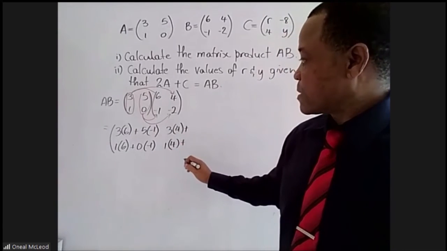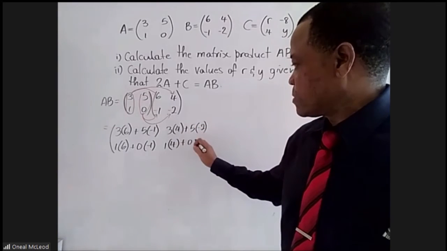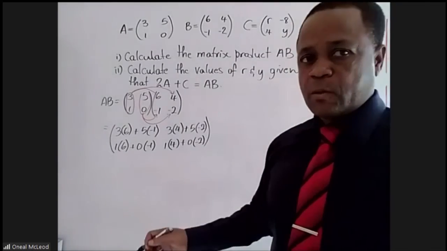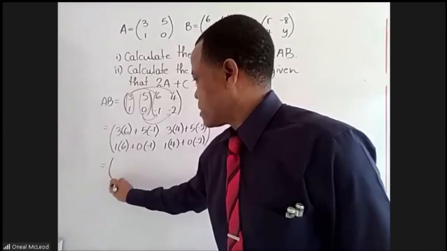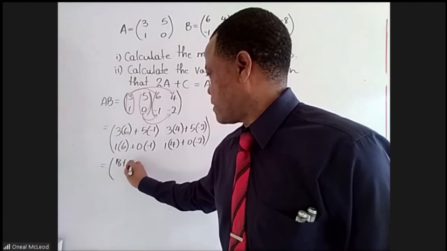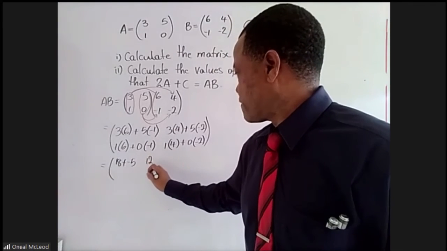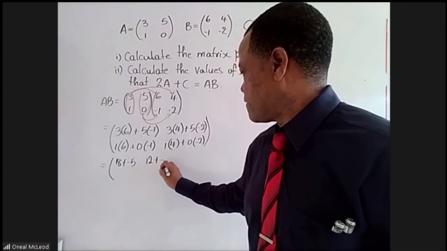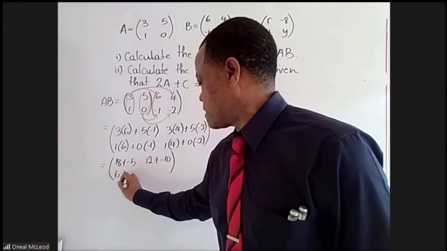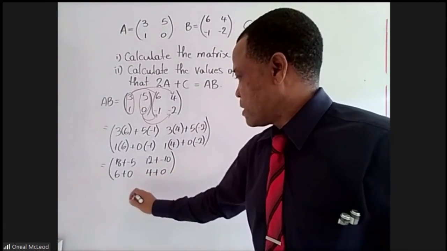Plus 5 and 0 map onto -2. Great. So let's now work that out. So this becomes 3 sixes, 18, plus -5. This becomes 12 plus -10. Here, this becomes 6 plus 0. This is now 4 plus 0.